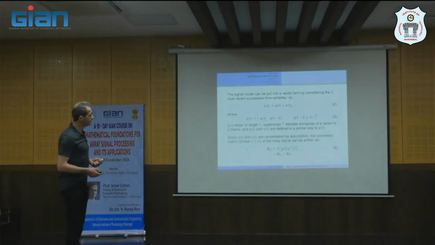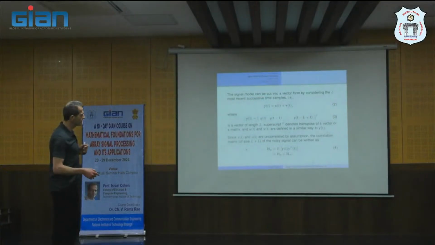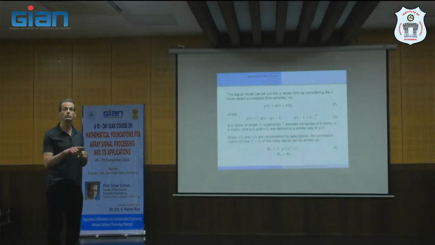Okay, so the minimal information that we need is a correlation. What does correlation mean? So this is a correlation matrix, okay? You see, I take the correlation for the vector y. So I know how any two samples in this vector correlate.